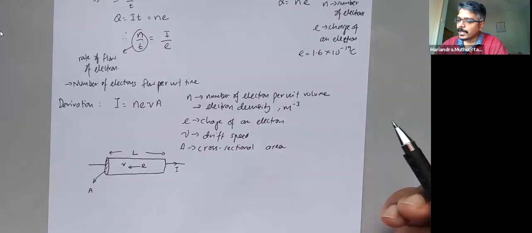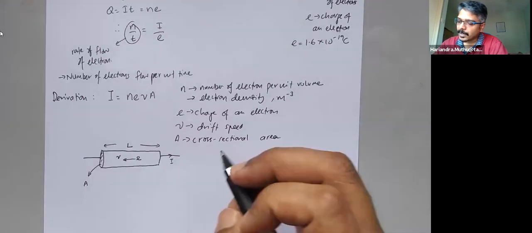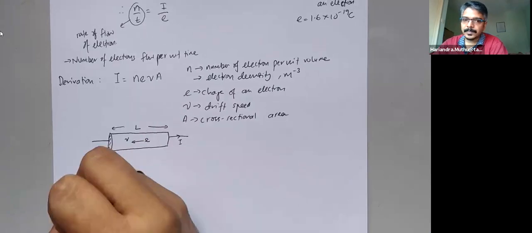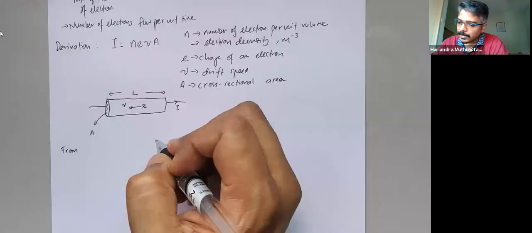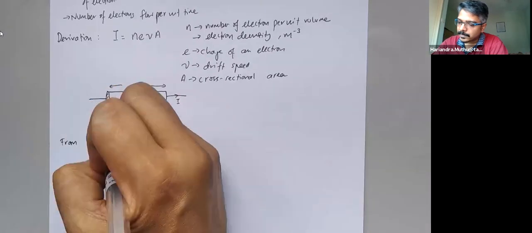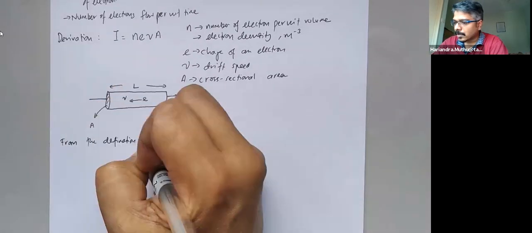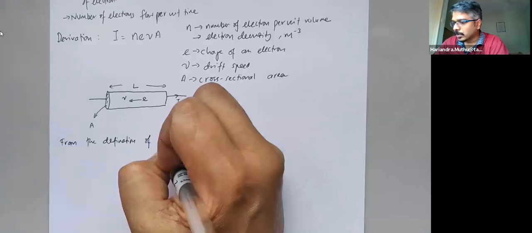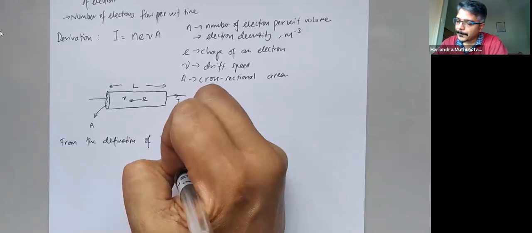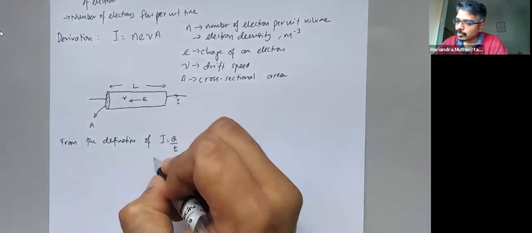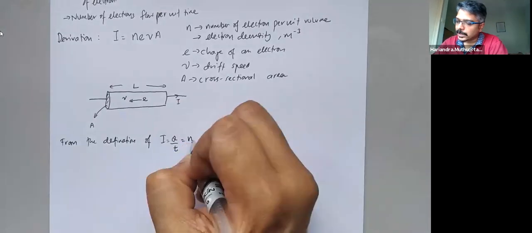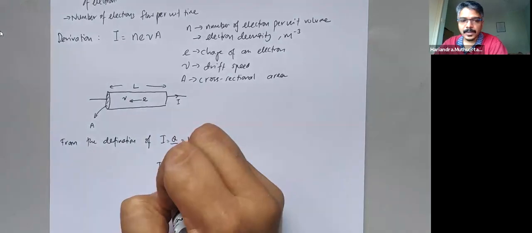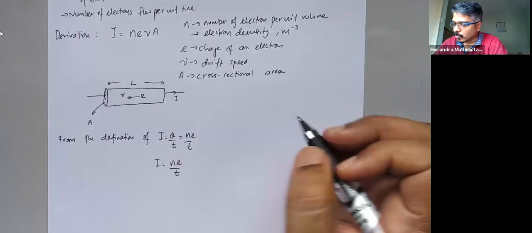So from the definition of current, I equals Q over T, which equals Ne over T. So I equals Ne over T. That is equation 1.